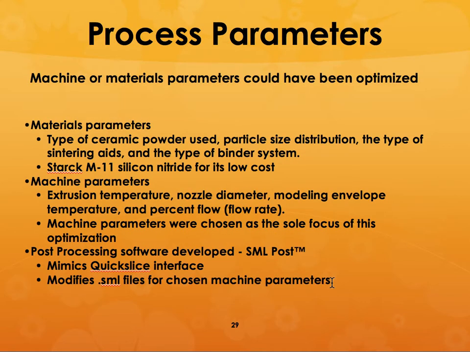So in this case, we could either optimize the machine or the materials parameters. The materials parameters were the type of ceramic powder used, particle size distribution, sintering aids, binder system, and things like that. And we had to use a specific type of silicon nitride powder because we were making these parts made out of silicon nitride.